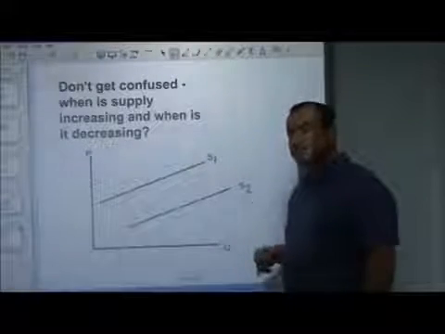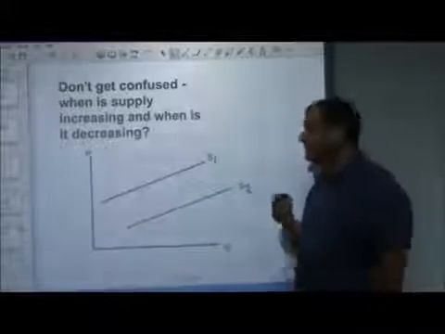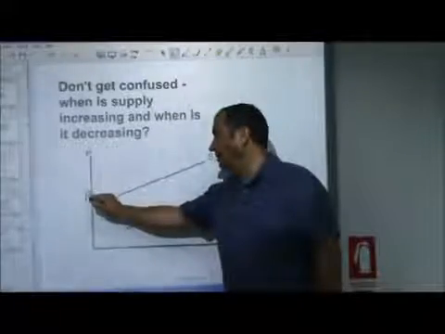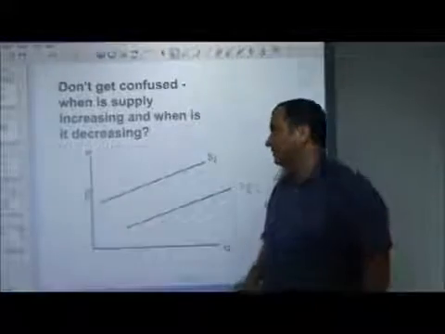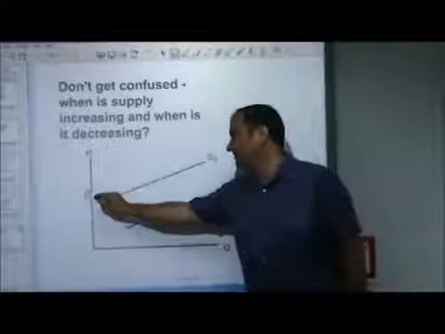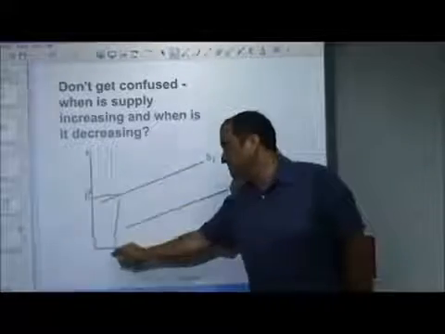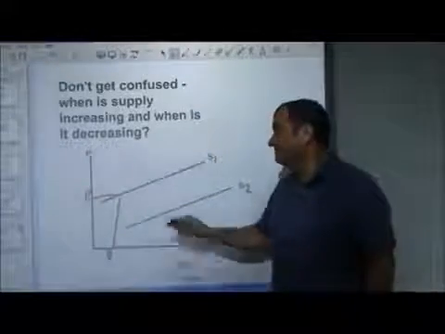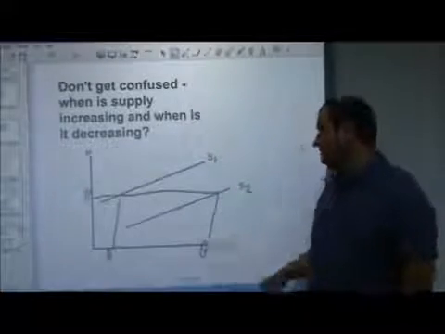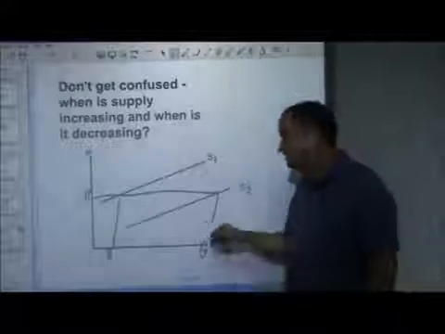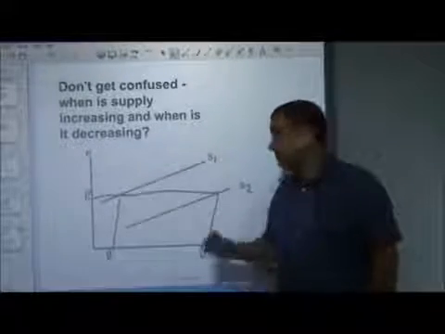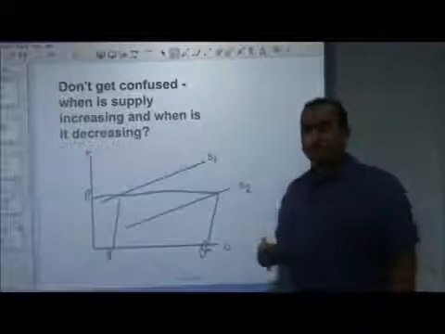And the way to appreciate that is to take a price level, let's take the price level P1, and say, well, when the supply curve was S1, how much was supplied at P1? And it's this much, Q1. But after the shift, there's a much higher quantity being supplied. The supply curve has shifted outwards, and it's shifted outwards enormously.